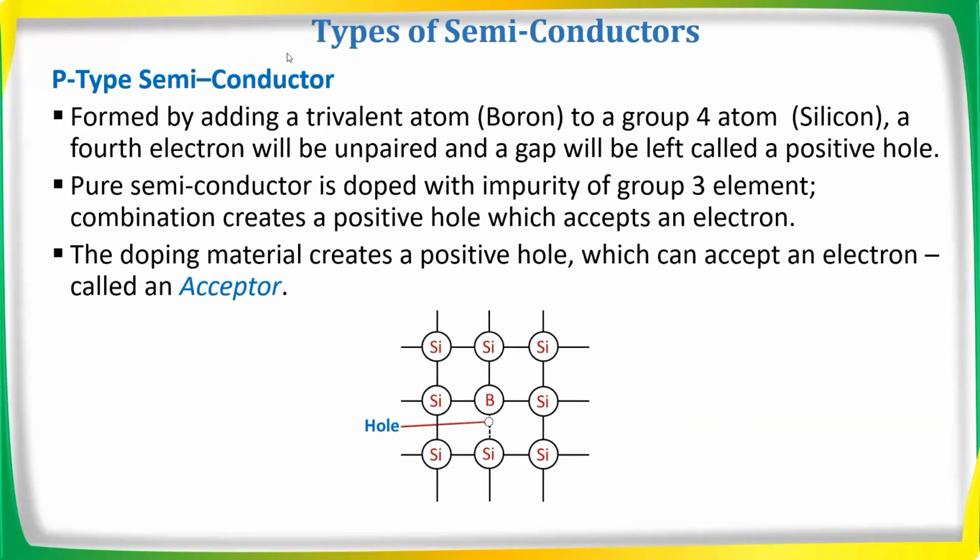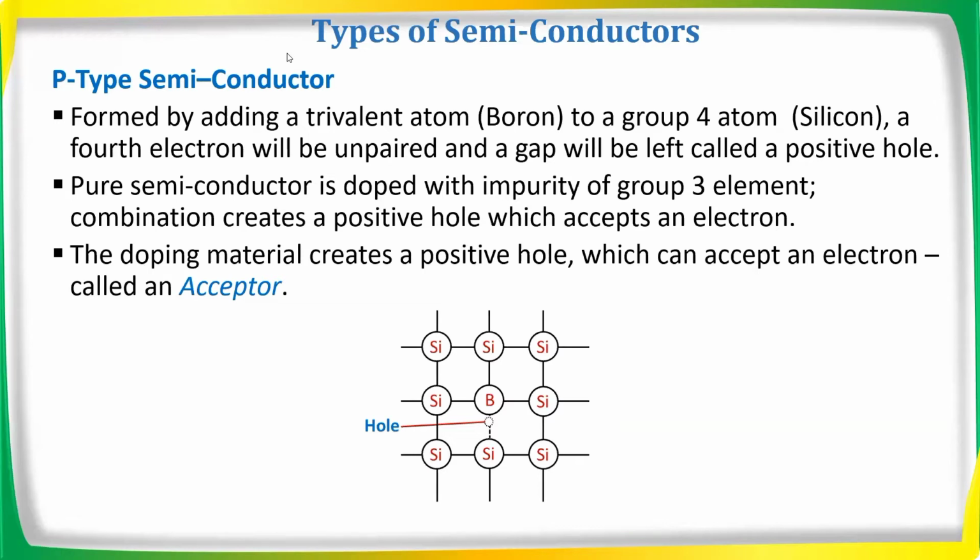Then the person in the third row comes and occupies the second. The fourth comes and occupies the third, so that the gap is moving backwards, but the electrons are moving forward. So these holes are also having their own current. And that is why we say the holes are the majority charge carriers, while the electrons are the minority charge carriers in a p-type semiconductor.